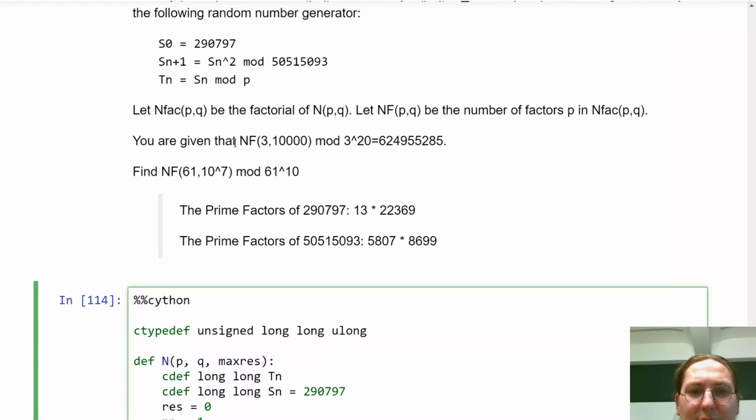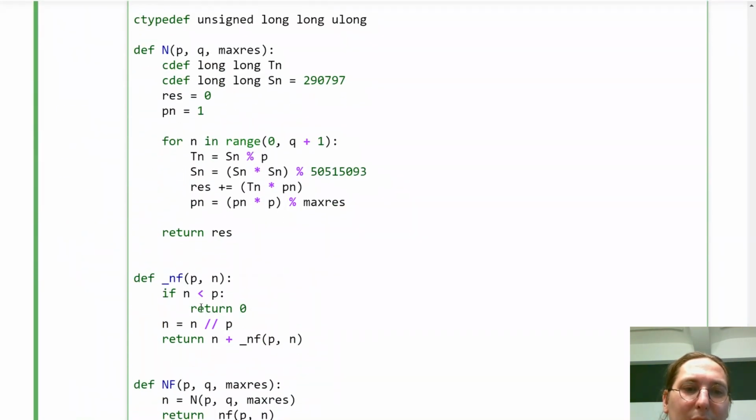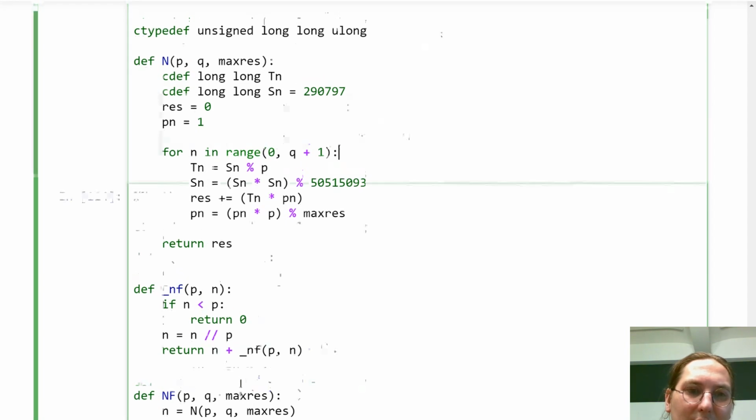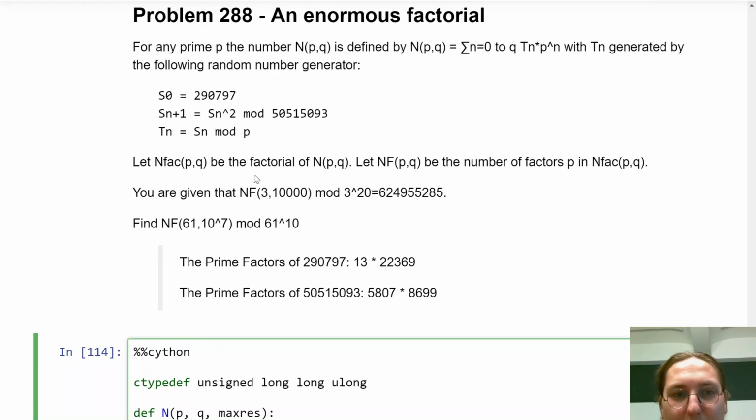You are given that NF of 3 and 10,000 mod 3 to the 20 is this. That's what you're given. But this is N, so between N and NF there is more going on.